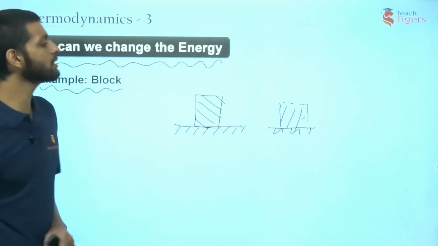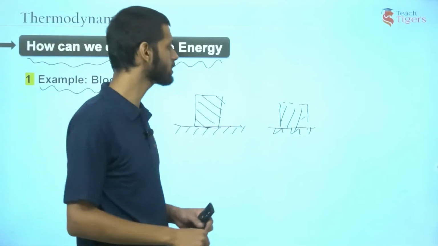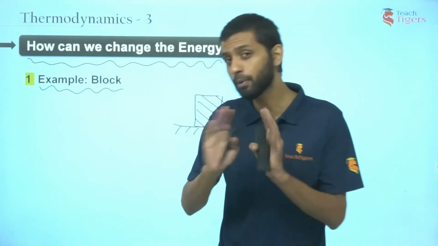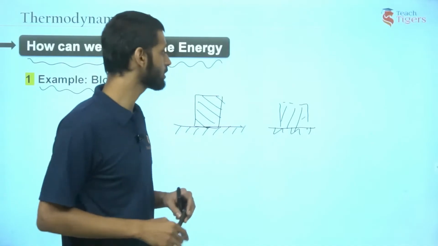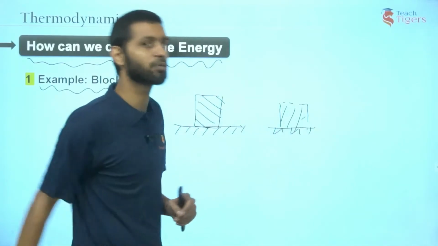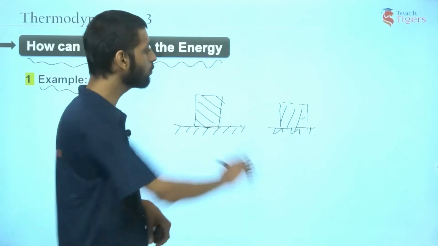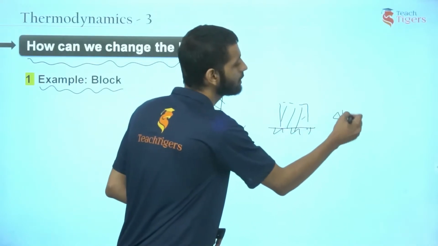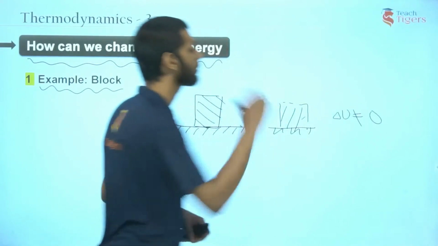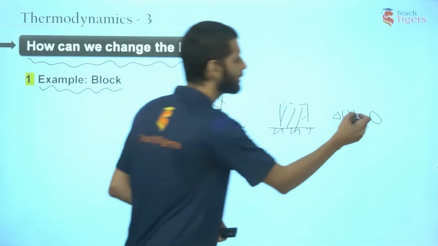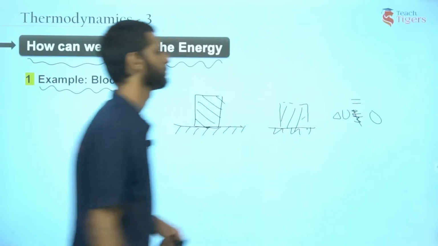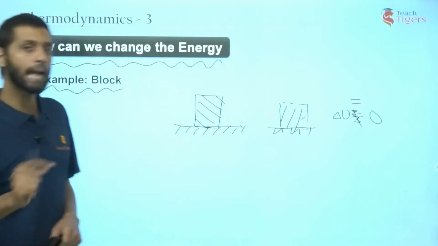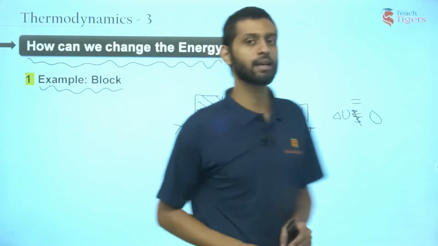Have I changed the energy of the system? I have not changed the energy of the system. In the process, the energy of the system was different because the block has moved, so there was some velocity. But overall, in this case, delta U is 0.